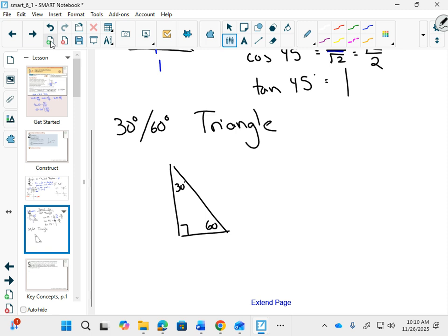Okay? This is a right triangle. The angles are all different, which means the sides are all different. We have a name for a triangle where the angles are all different and the sides are all different. Is it scalene? It is called a scalene.